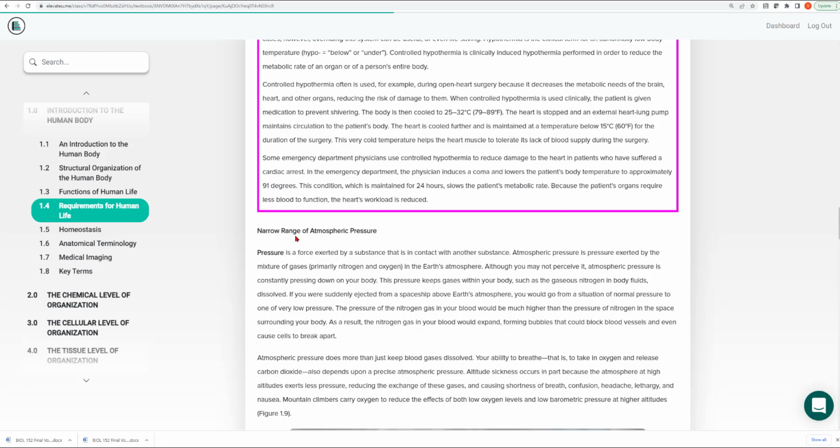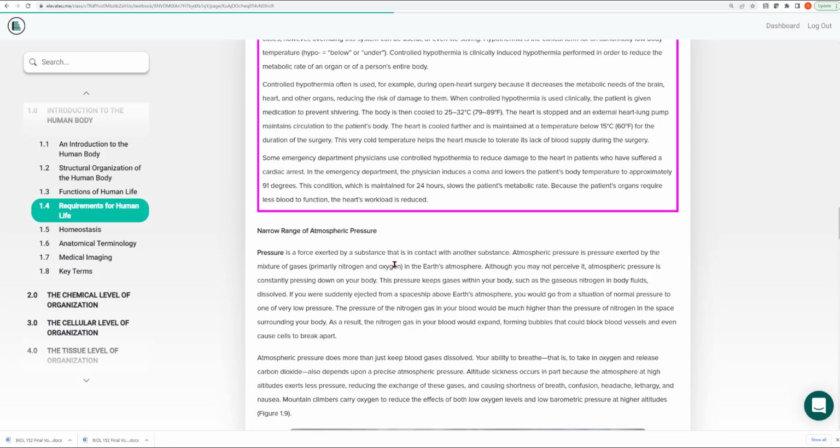And if our atmospheric pressure is vastly different, then we cannot get the oxygen out of the air as is needed. This is why divers have issues when they go down into deep water and return too quickly. Those pressures are problematic for them.